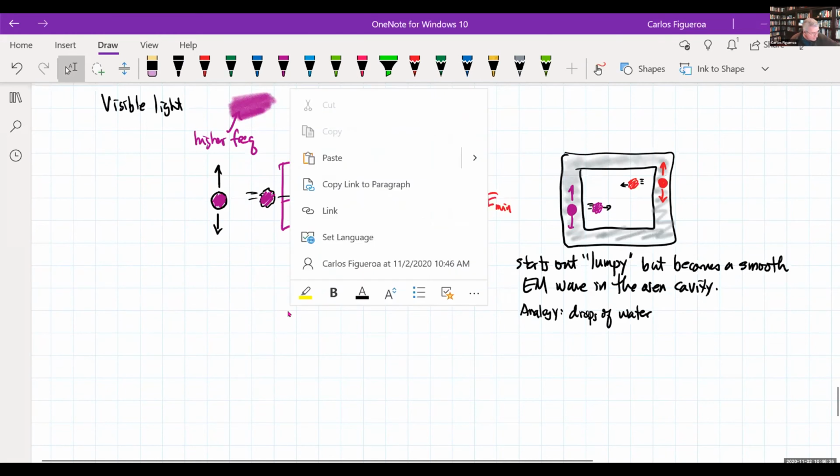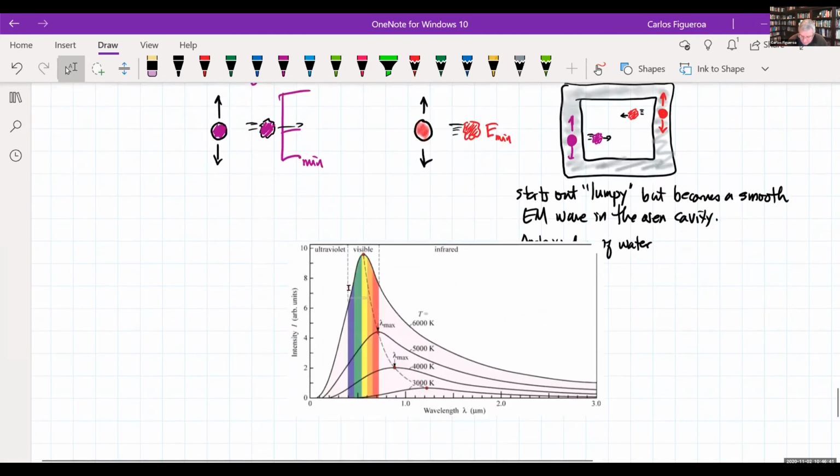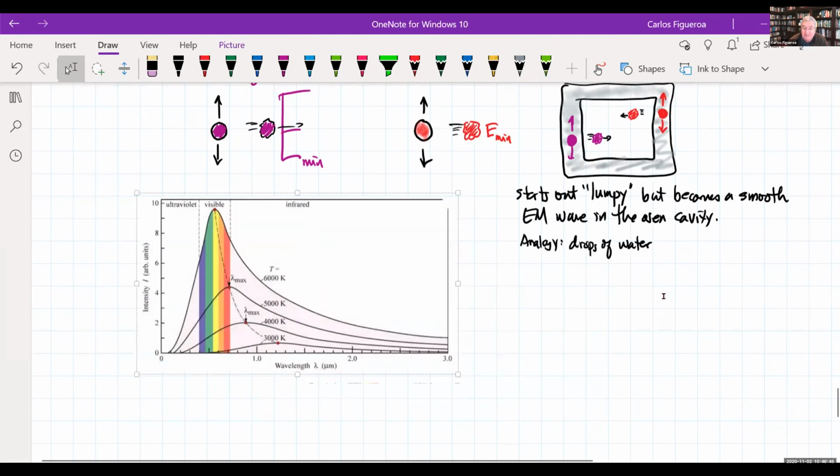Just to remind you, let me see if I can get this thing to go. So look at the spectrum here. This lumpiness tells me that if I look at this one curve, all of this region right in here is going to be the infrared lumps that are being emitted.